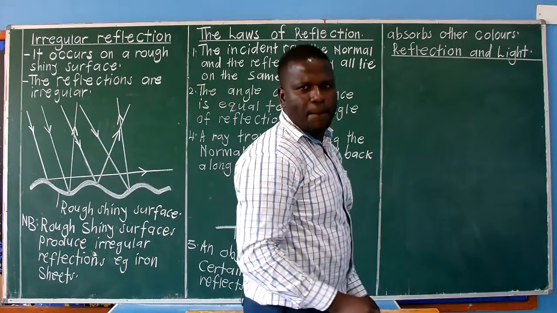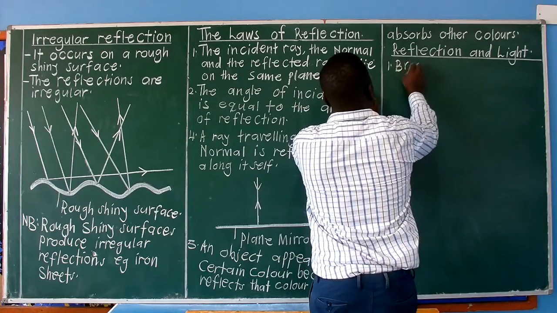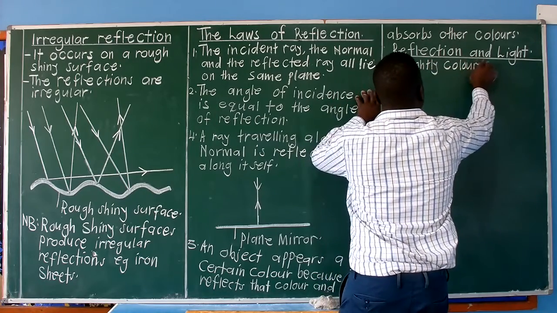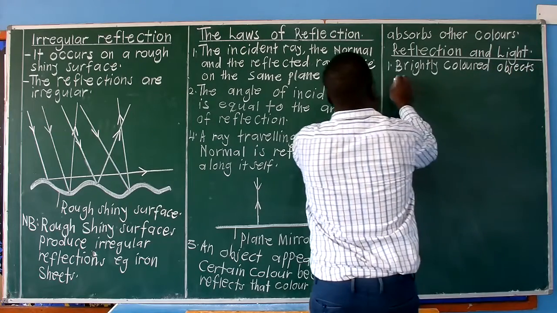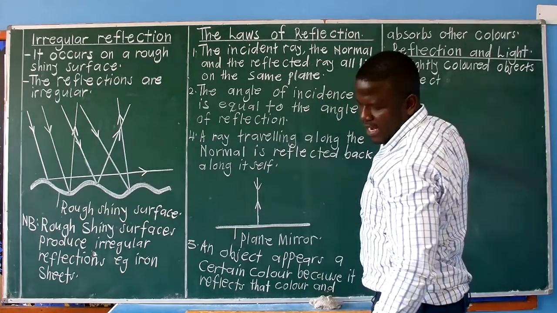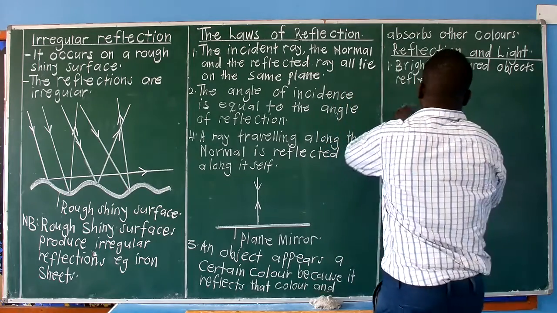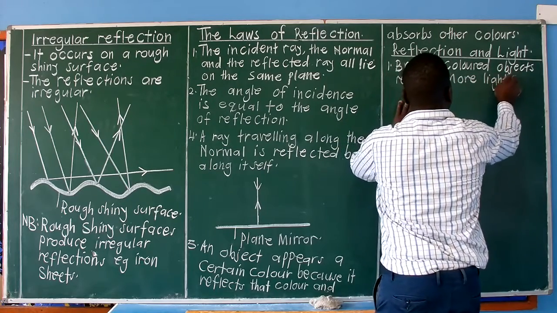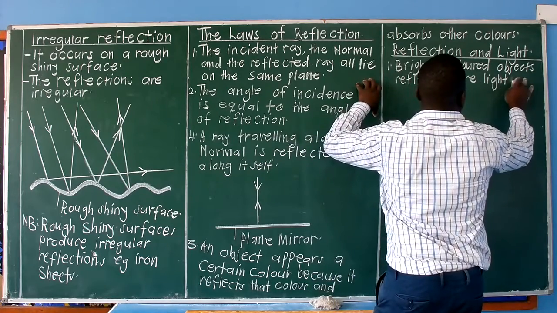So here we shall say, brightly colored objects reflect more light and heat.